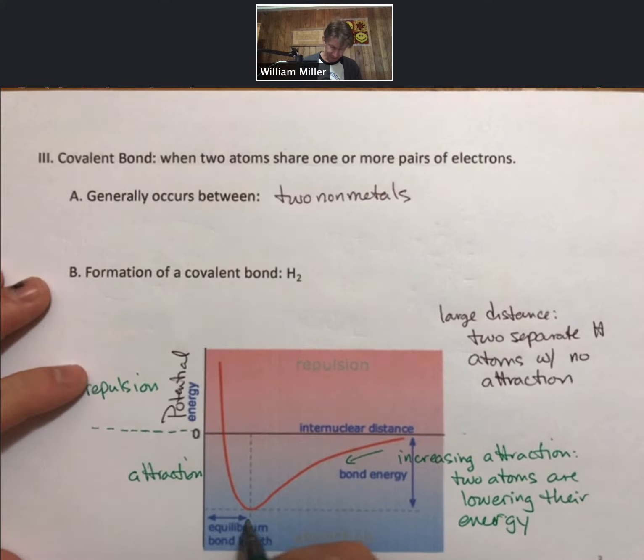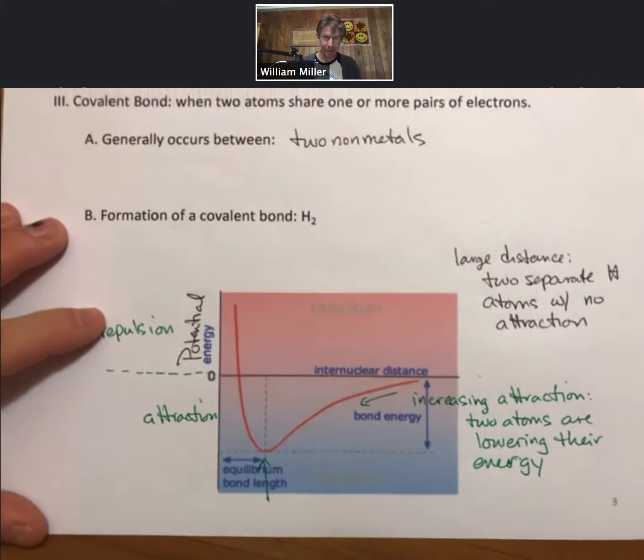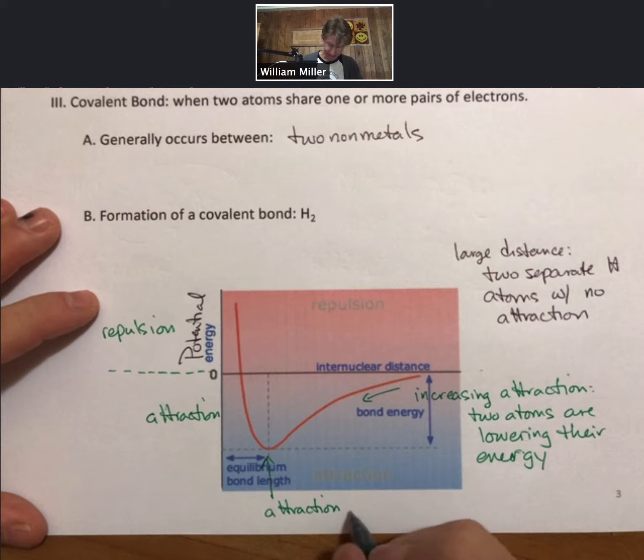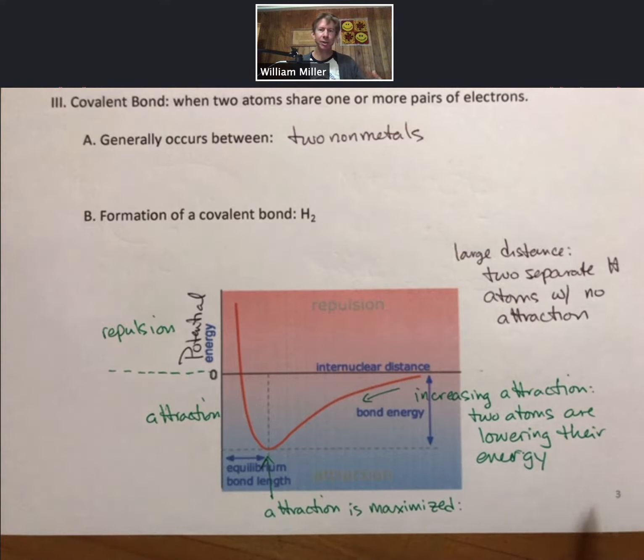So right here, attraction is maximized. And when the attraction between two hydrogen atoms is maximized, that is what's called the equilibrium bond length.